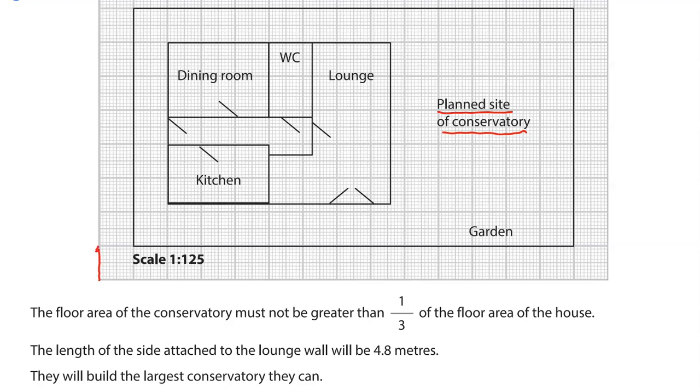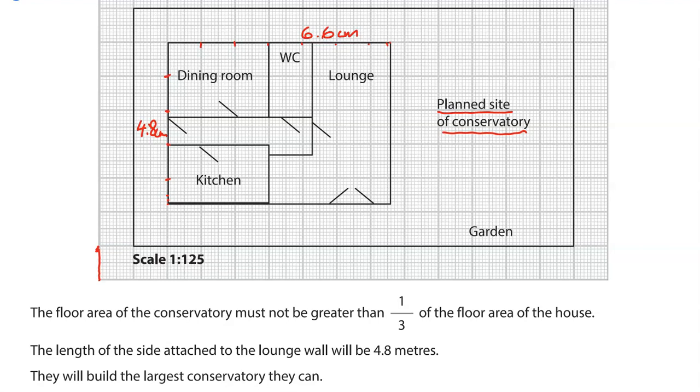So if we look at the dimensions, we've got 6.6 centimeters on the scale for the length of the house. Looking at the width, we've got 4.8 centimeters, the width of the house.